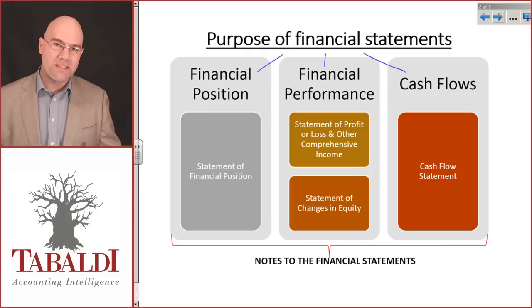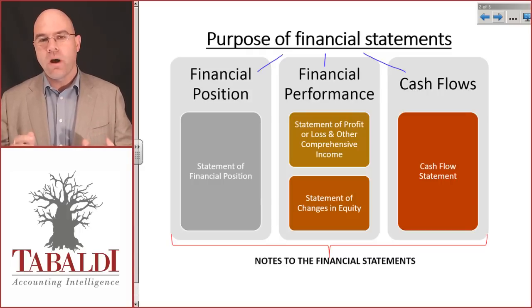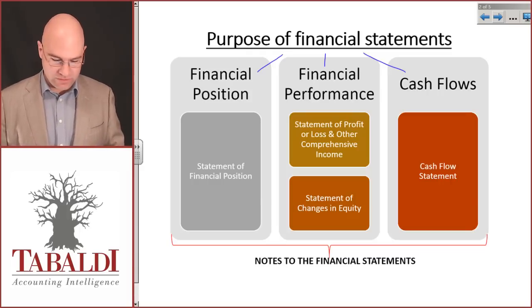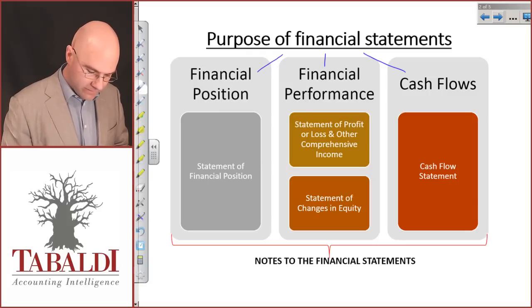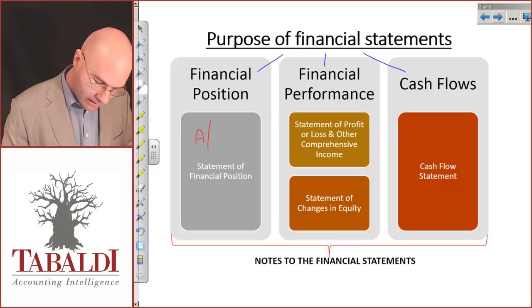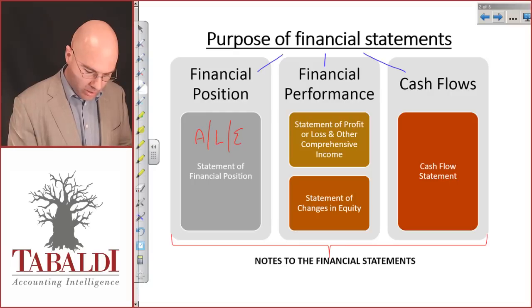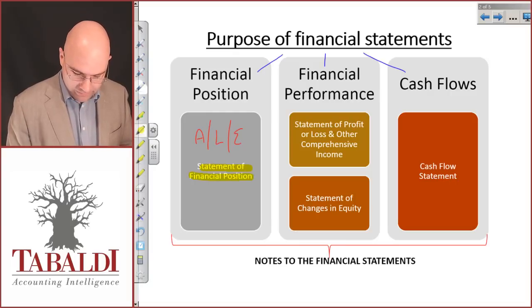Now, in order to meet this purpose, IAS 1 describes what is required to be within a full set of financial statements. In that full set, you are going to have assets, liabilities, and equity, and that is all going to form part of the statement of financial position.